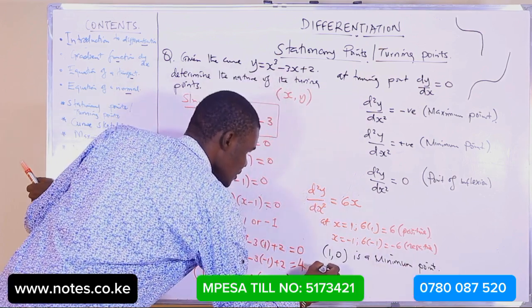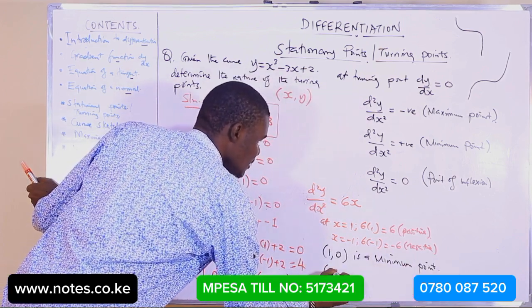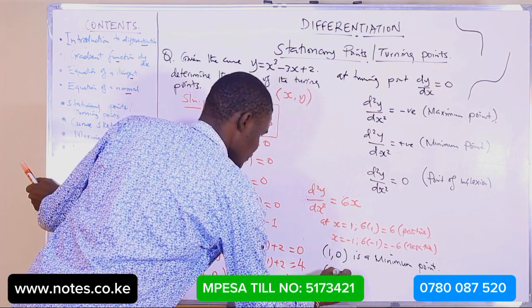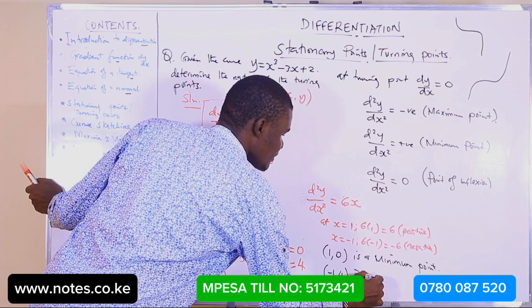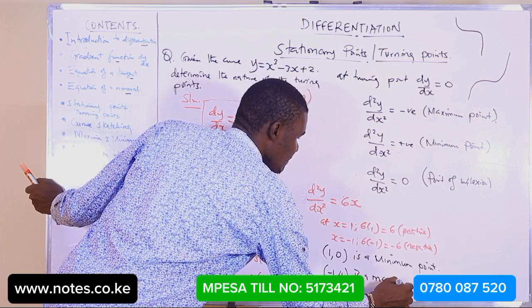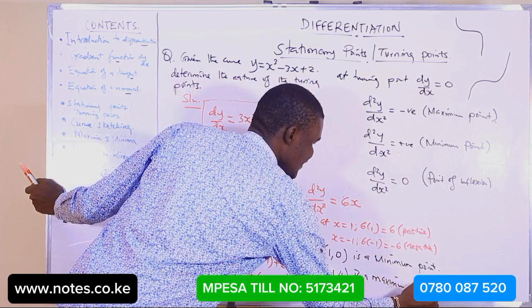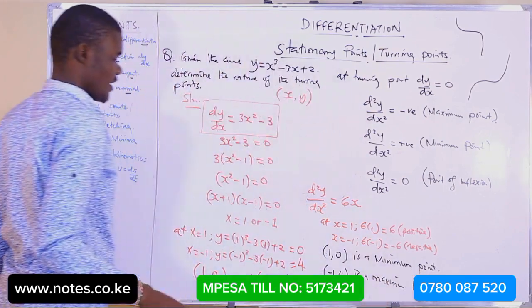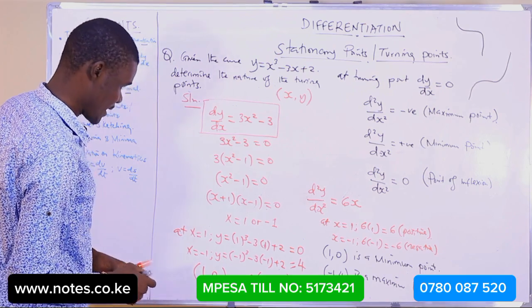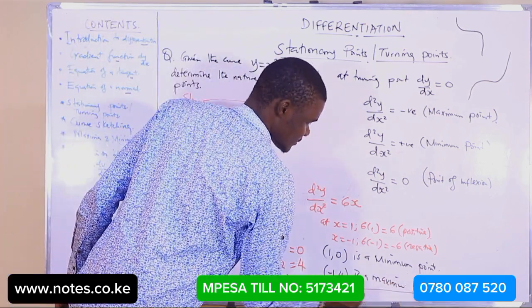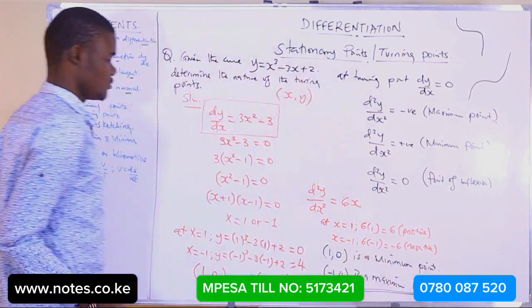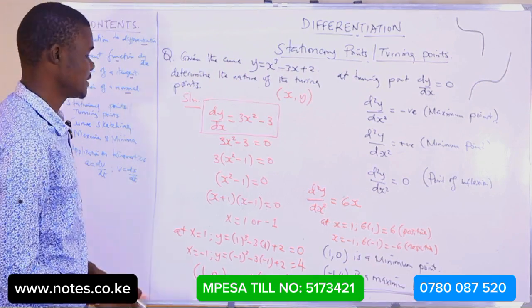And then you say (-1, 4) is a maximum point. And that earns you 5 marks, 4 marks, as simple as such. So that is very important.